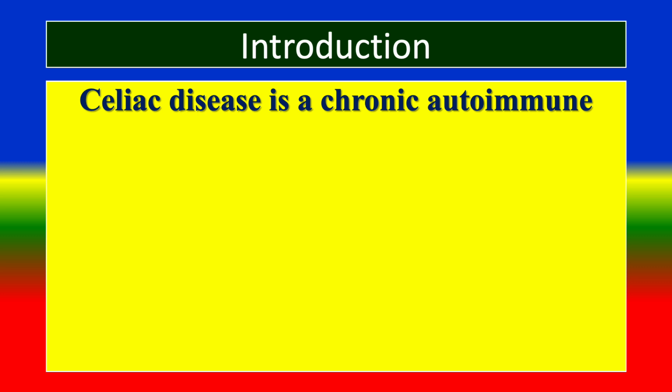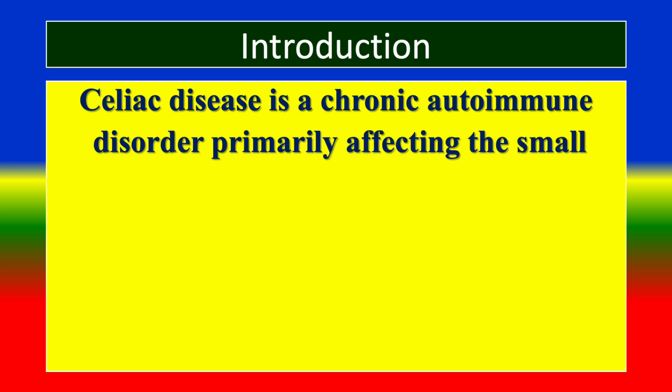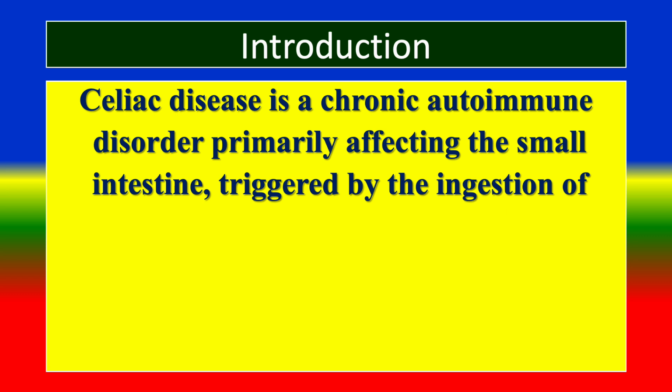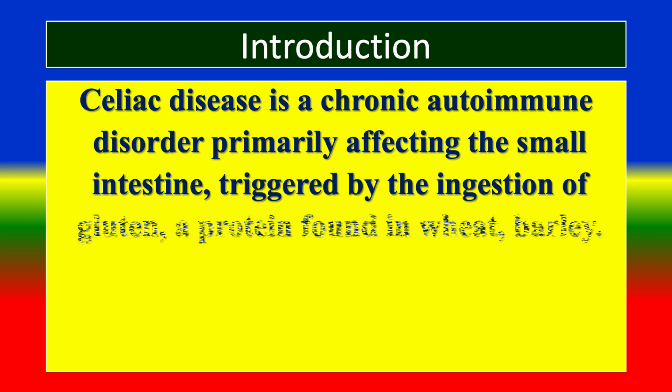Introduction. Celiac disease is a chronic autoimmune disorder primarily affecting the small intestine, triggered by the ingestion of gluten, a protein found in wheat, barley, and rye.